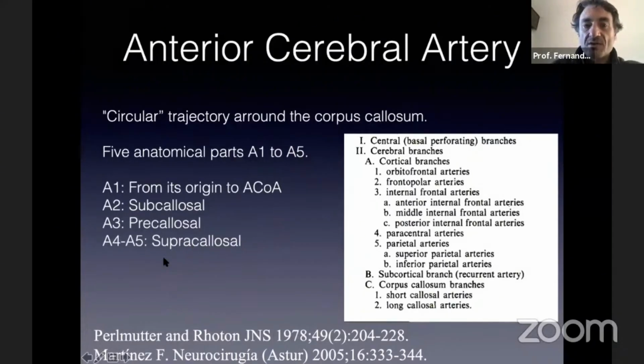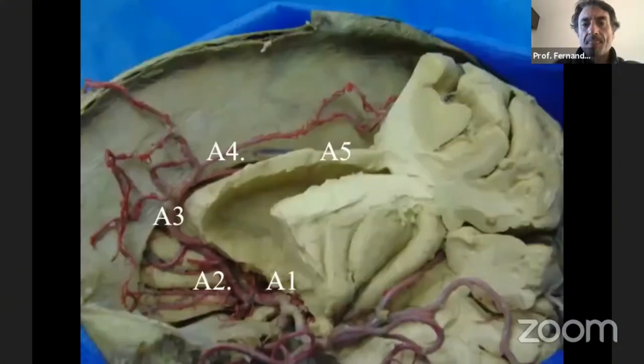From all of these parts of the artery, we can recognize the branches that the artery gives. This is taken from the article of Perlmutter and Rhoton. It's a very beautiful article. In this specimen, a lateral view of the left hemisphere, we can recognize the carotid artery, the middle cerebral artery, and the anterior cerebral artery.